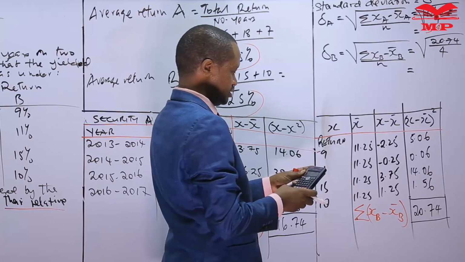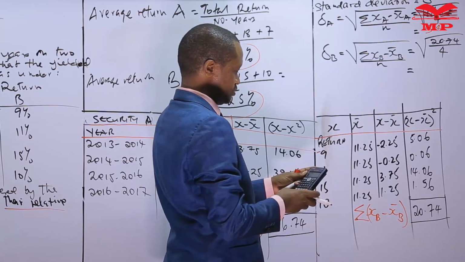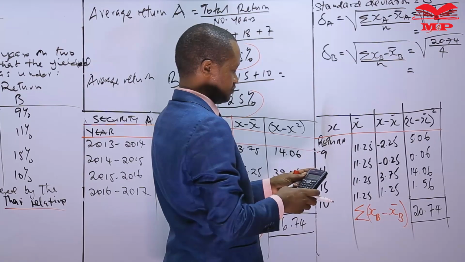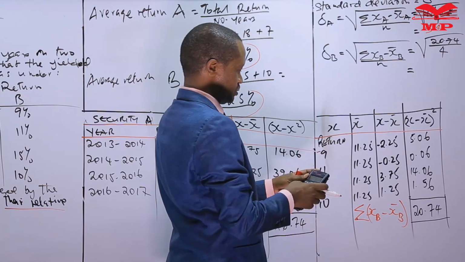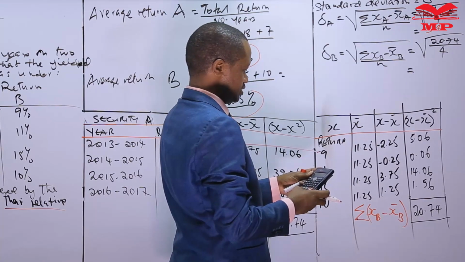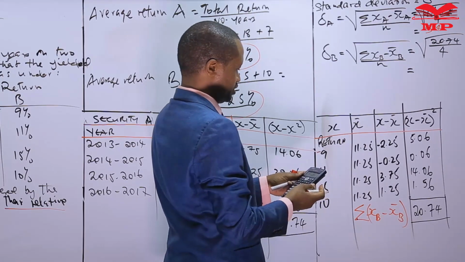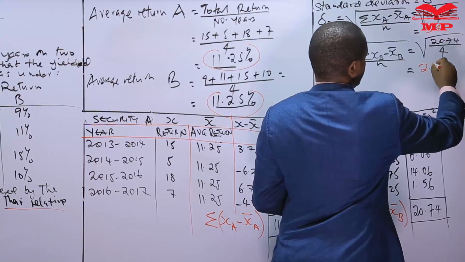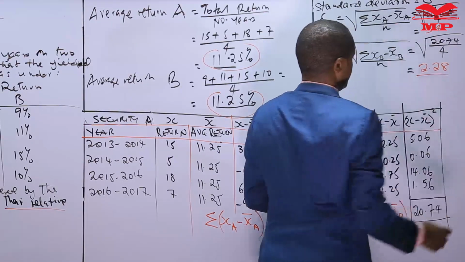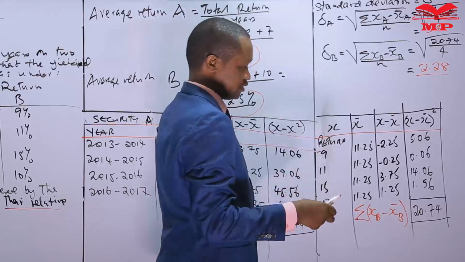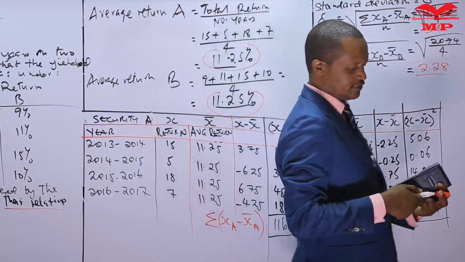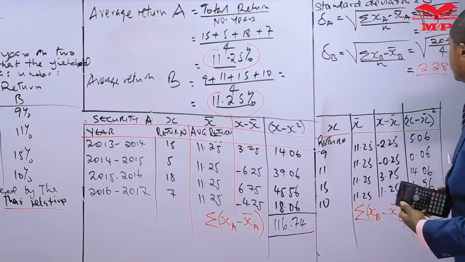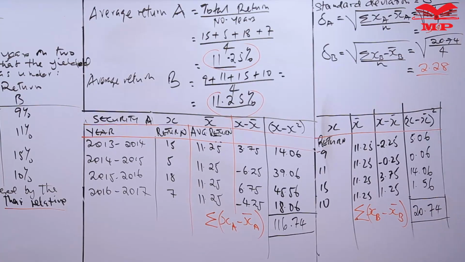Going to security B, 20.74 divided by 4, square root is 2.28. So these are the standard deviations for the two securities A and B, and that was the question.